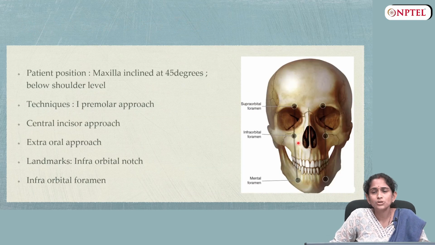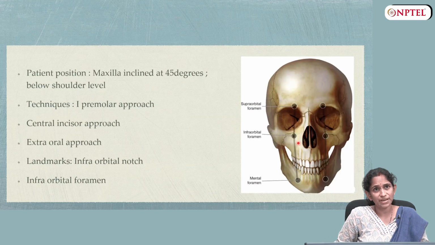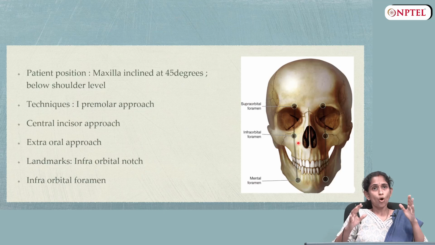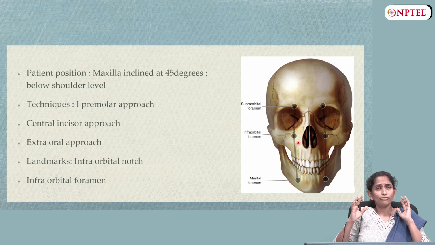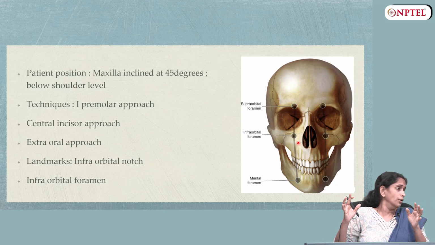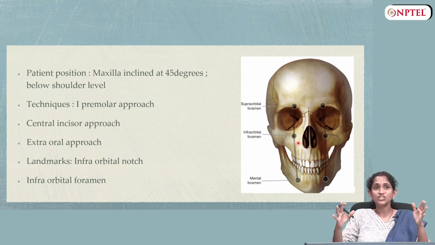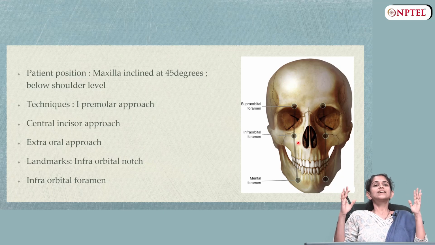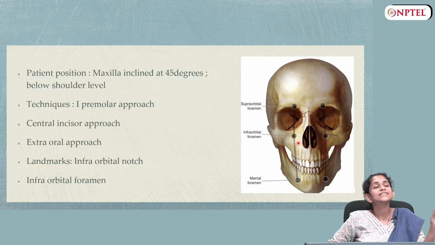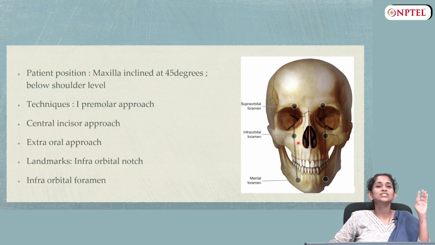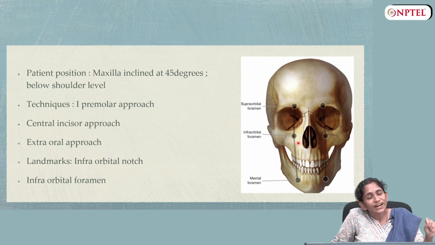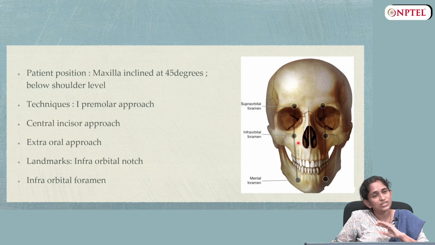Now, let us look at how we position the patient. In any kind of maxillary procedure, the patient is sitting with his head reclined. Always give anesthetic agents in a semi-supine position because it will avoid the chances of the patient going into vasovagal syncope.